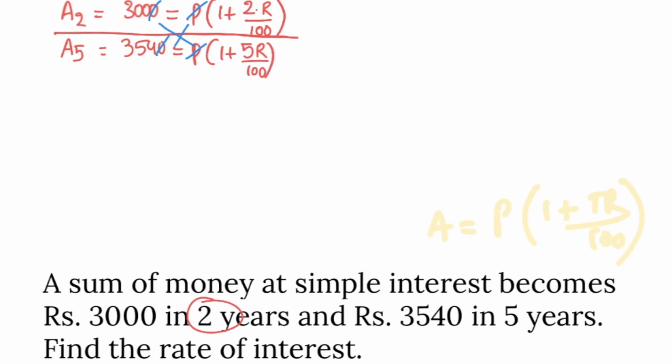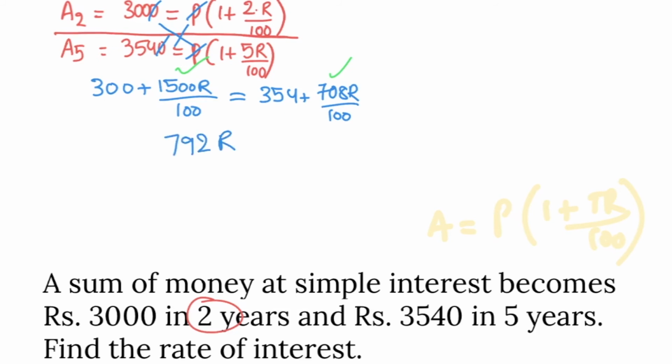If you cross multiply, 300 into 1 is 300 plus 300 into 5R, 1500R divided by 100, is equal to, on the right side, 354 into 1, 354 plus 354 into 2, 708R by 100. Then 1500R and 708R, the difference is 792R by 100, which is equal to 354 minus 300, difference 54. Cancelling the common factors, finally, what remains?